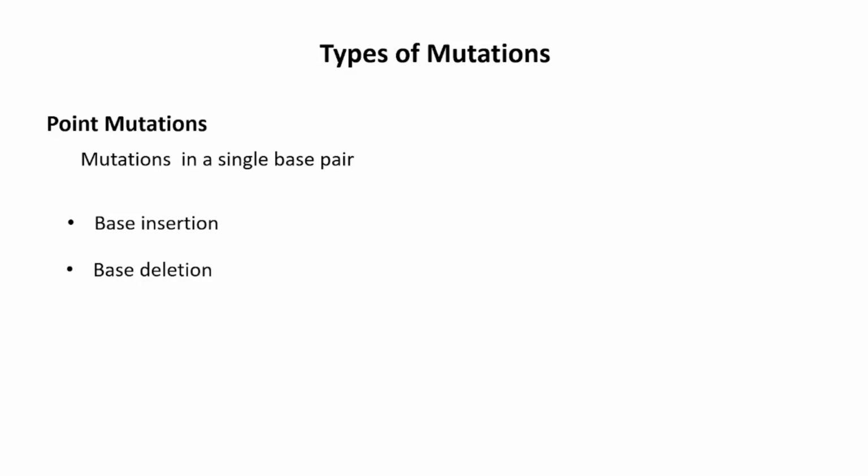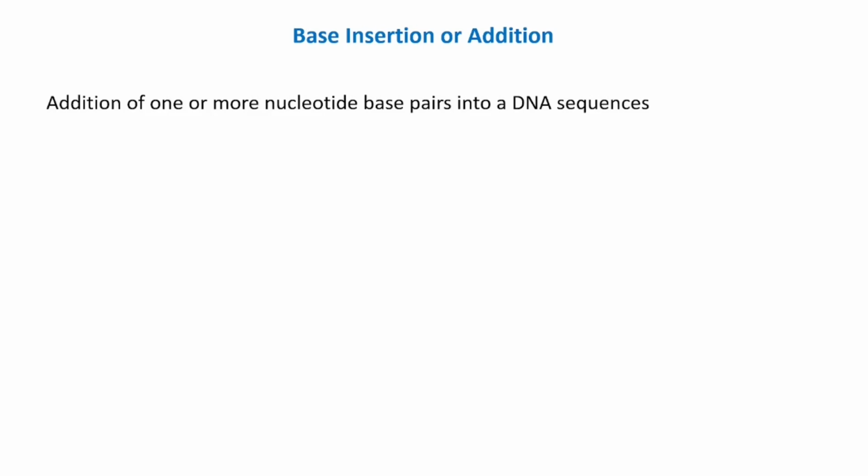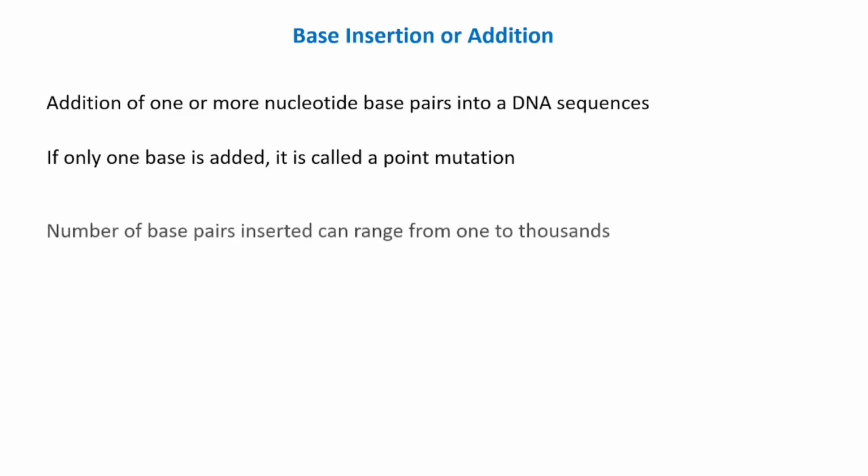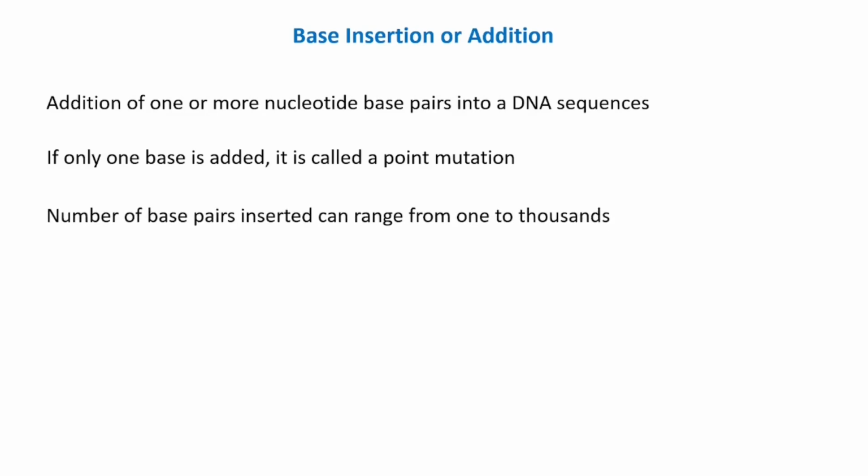Let us first discuss base addition or insertion. An addition mutation, also called an insertion mutation, is the addition of one or more nucleotide base pairs into a DNA sequence. If only one base is added, it is called a point mutation. However, the number of base pairs inserted can range from 1 to thousands.